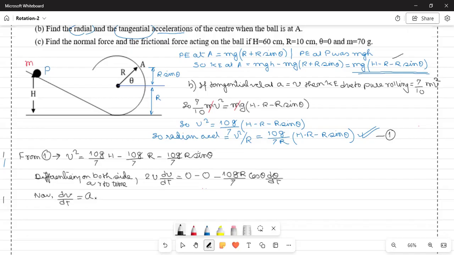So here dv/dt is a, and d theta/dt is equal to omega, and also v is equal to omega r.